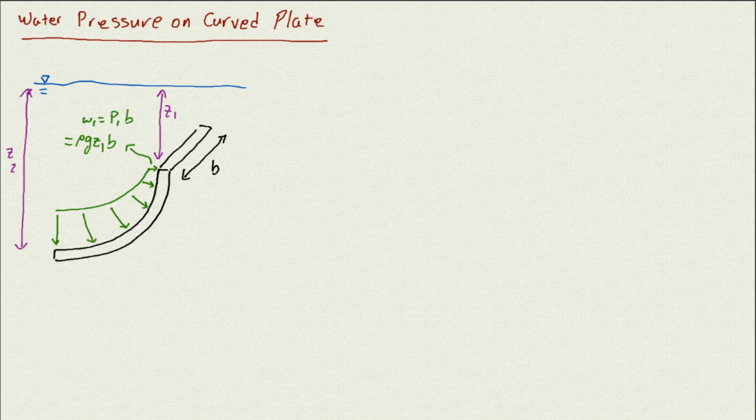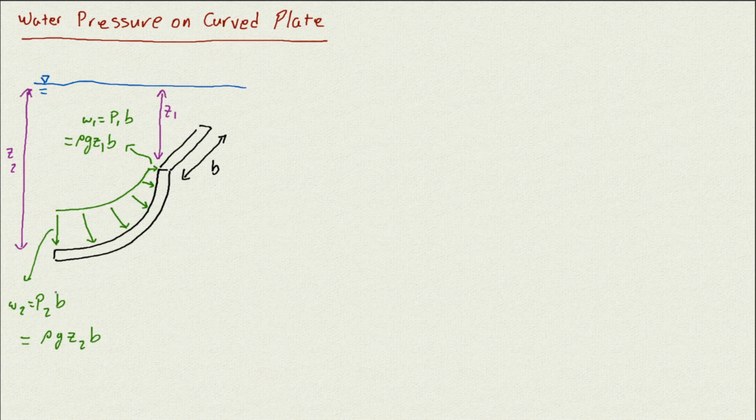Then the magnitude of load here is the pressure at point 2 times the width of the plate, and the pressure is rho g z2, times b.